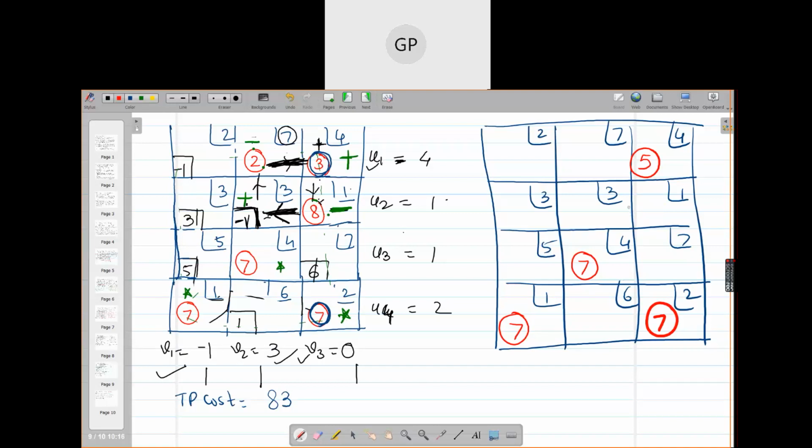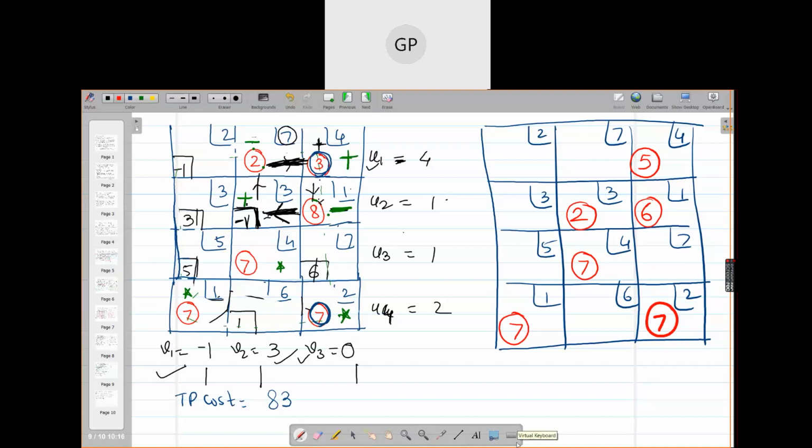In 2, 3, how many units will there be? 6. And what about 2, 2? We'll add 2 units. There were no units here. I am putting a plus sign. That means I am putting 2 units in this cell.